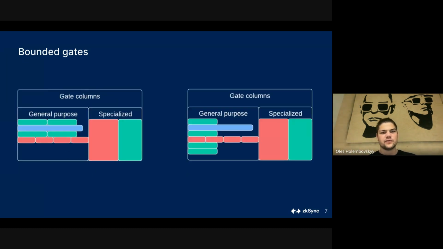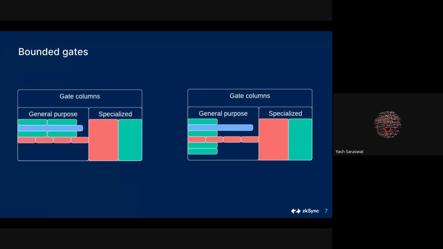If you use general purpose columns, it's 7, because you also need to add a selector, which will increase the degree by one. And if you want to use specialized columns, it's 8. So this is the only limitation. It could be as big as you want, but surely if it's bigger, it's harder to prove and harder to verify. Okay, got it.